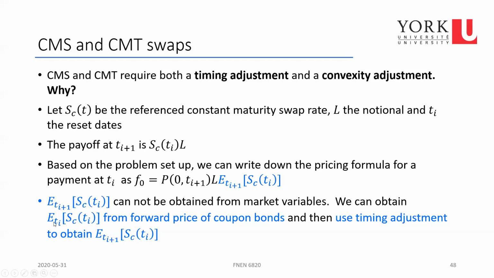So you have to change the numeraire from an expectation using P(0,Ti) to a numeraire that is P(0,Ti plus 1). You accomplish that by doing a timing adjustment. So let's see how we're going to do that.